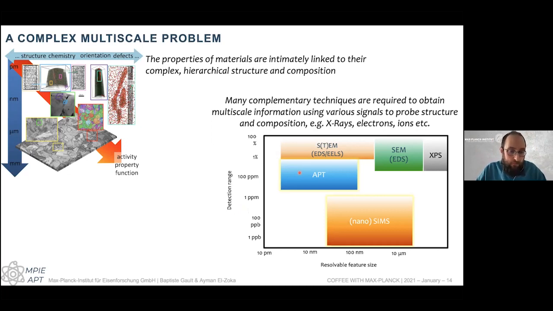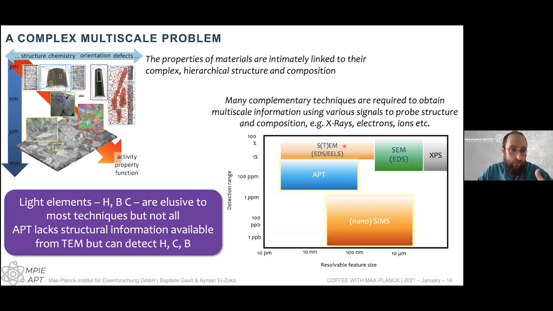And a lot of the techniques that are more often encountered, like scanning electron microscopy or transmission electron microscopy, are good at looking at the way atoms are arranged, so the structure of the matter, but not always in which atom is sitting where inside of the structure. This is especially true for light elements, so typically carbon or boron or hydrogen. And atom probe is actually good at looking at these things.